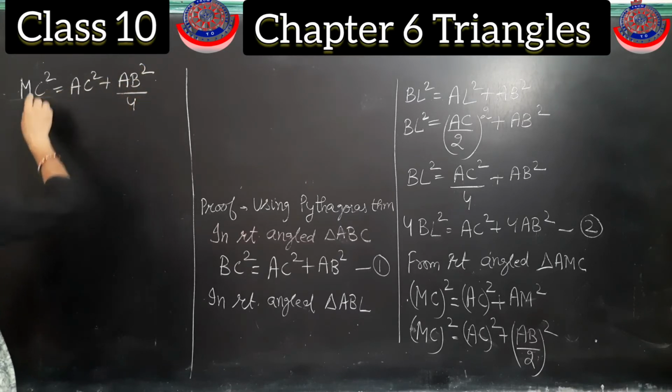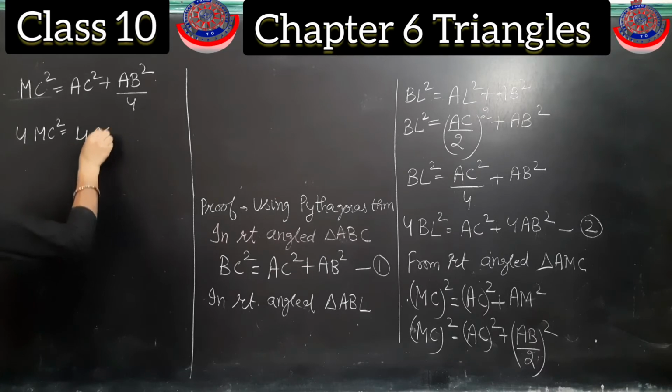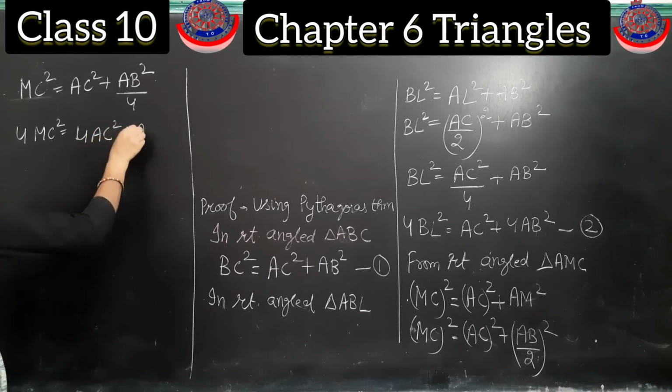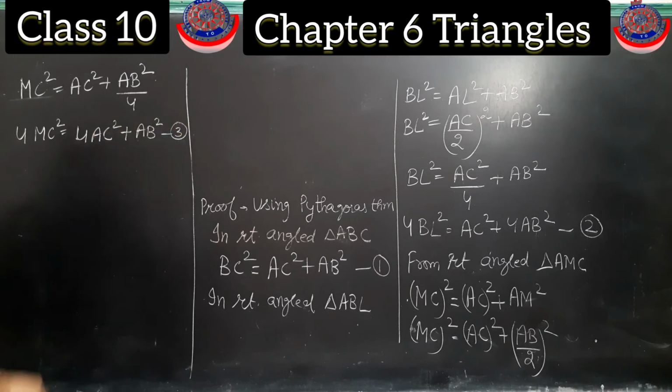Again taking LCM, 4 MC square is equal to 4 AC square plus AB square. It will be equation number 3.